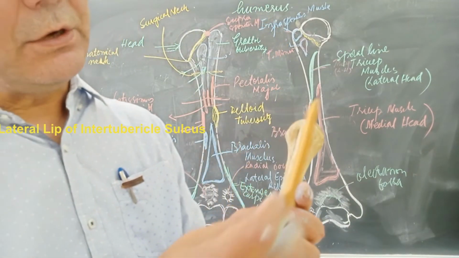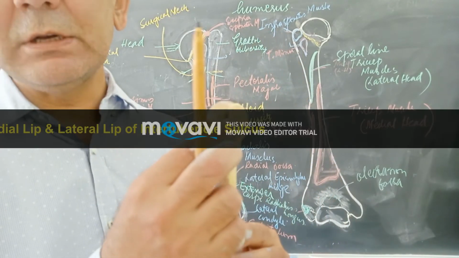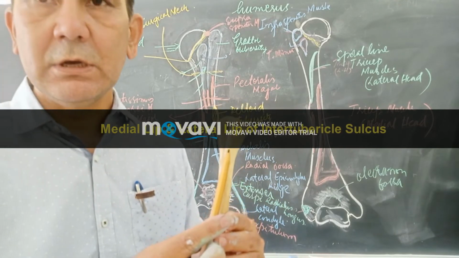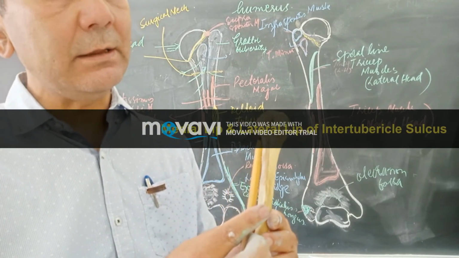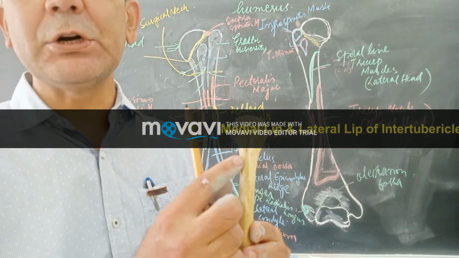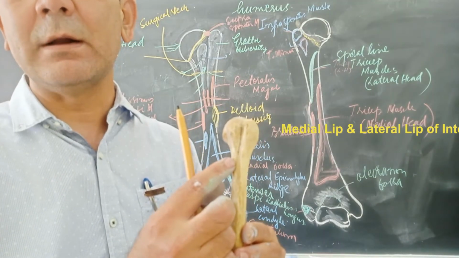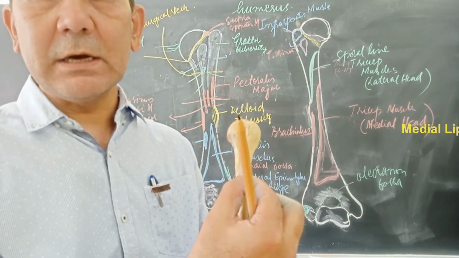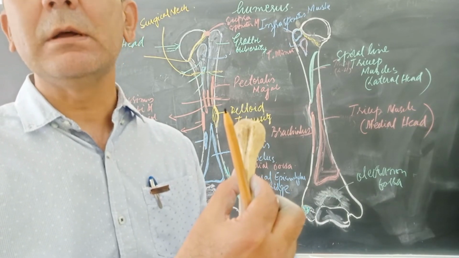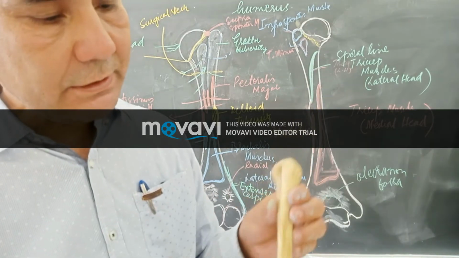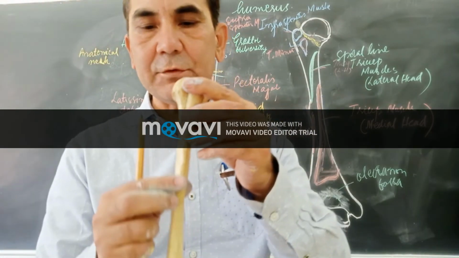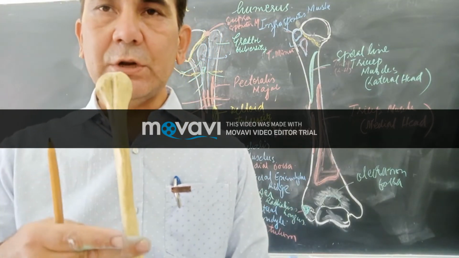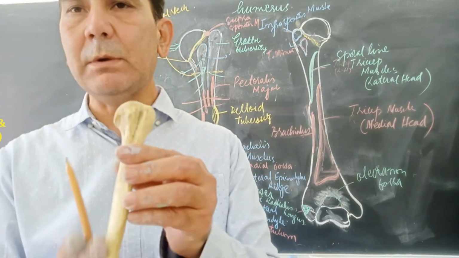The intertubercular groove has two lips: the lateral lip of the intertubercular sulcus and the medial lip. Reaching the shaft of the humerus, it has three borders: the anterior border, the lateral border, and the medial border.